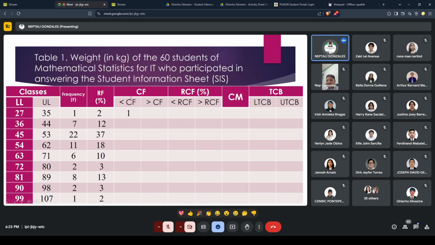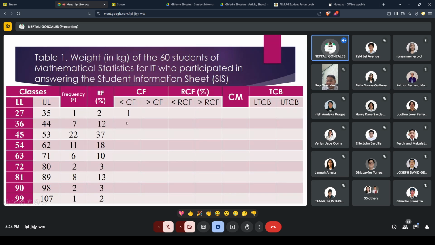And the less than cumulative frequency always starts with the first frequency. So all you have to do is to copy the frequency, 1. To get the next frequency, all you have to do is to add the number of frequencies. So starting with 1, because the frequency of the first class is 1, you will just write it down.